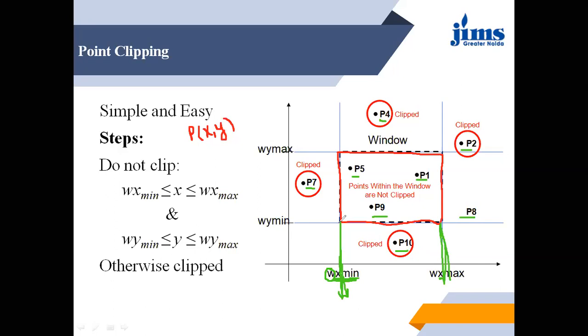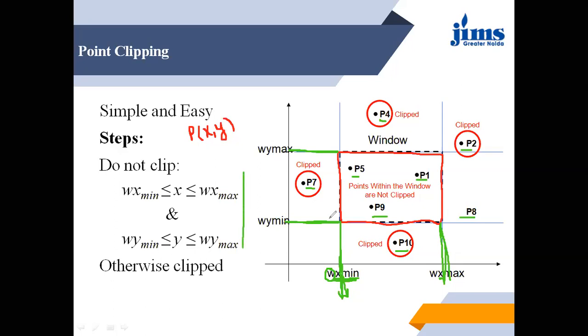In the same way, this is the minimum value of the y coordinate, and this is the maximum value of the y coordinate. We can check whether a point is inside or outside by checking these two conditions only.